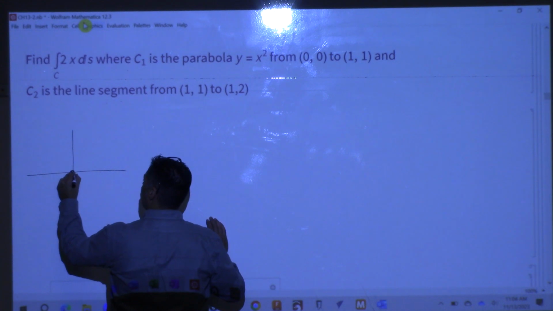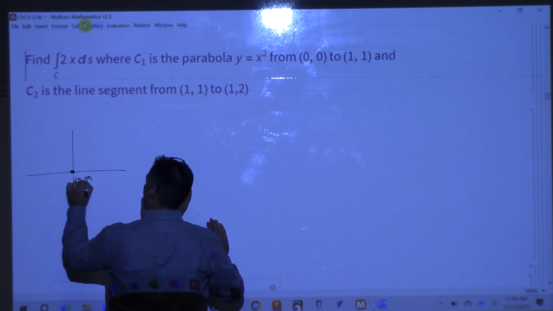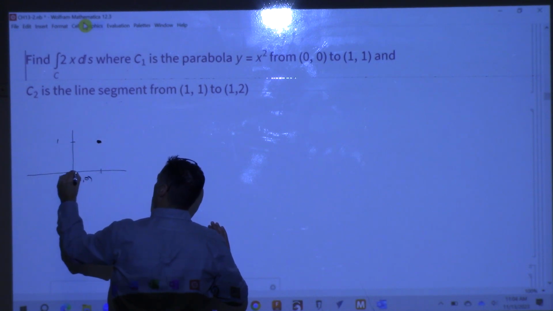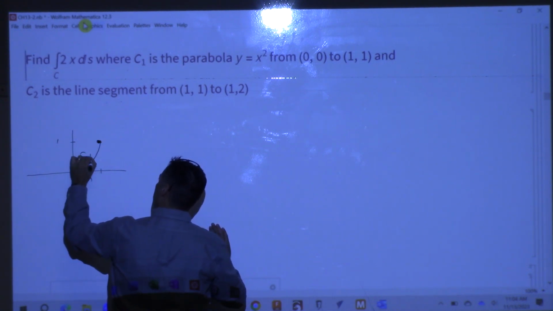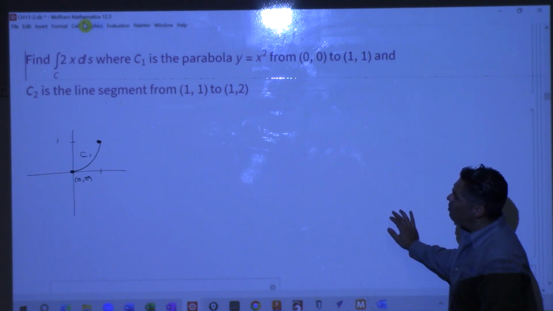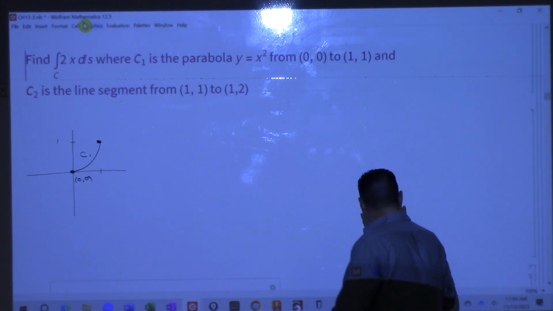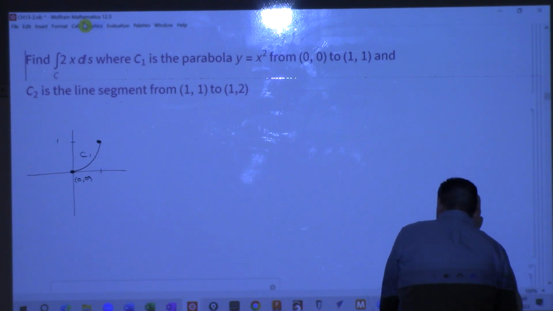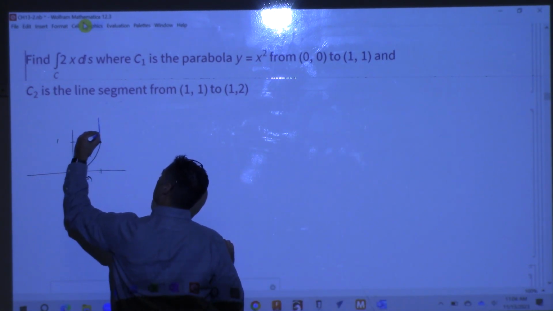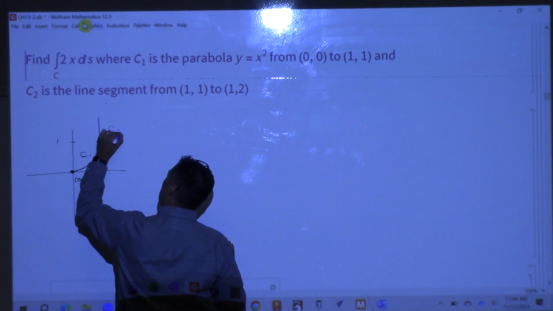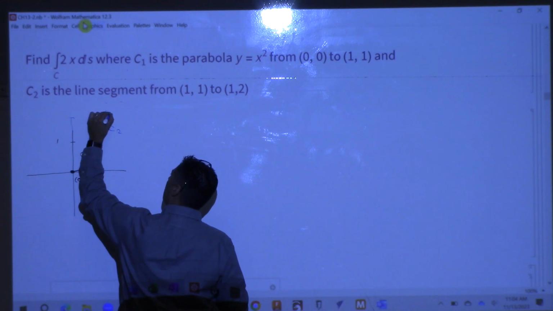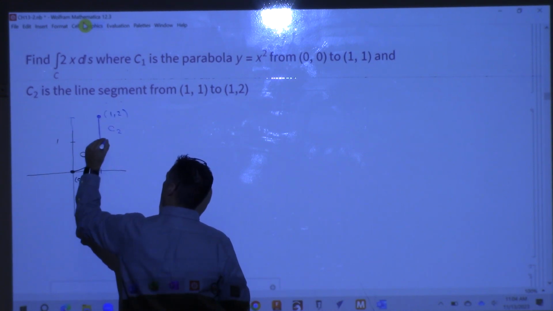So I start at (0,0), and I go to (1,1). And it's the parabola, right, like that. That's C1. And then C2 is the line segment that goes from (1,1) to (1,2). So that's a straight line segment going straight up, like that. That's C2. Stops here at (1,2). And this point was (1,1).